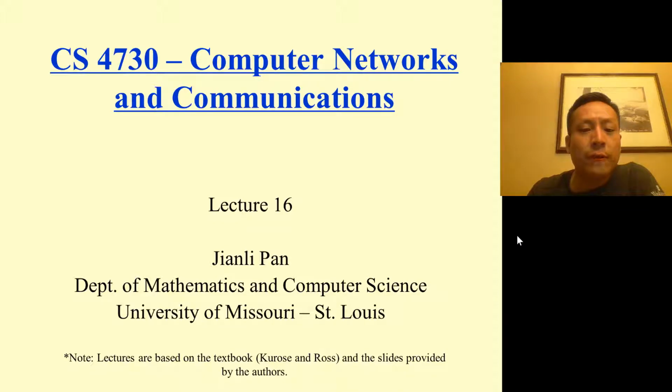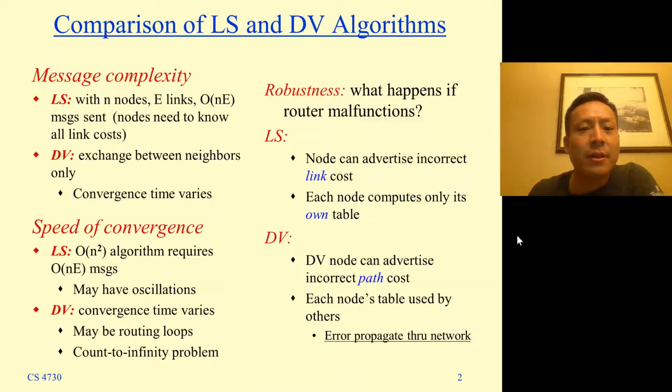So we will continue from where we stopped the last time. Just a little bit of recap of what we learned last time: the two routing algorithms. One is the link state routing algorithm, which is Dijkstra's algorithm, and the second is the distance vector algorithm, which is Bellman-Ford.